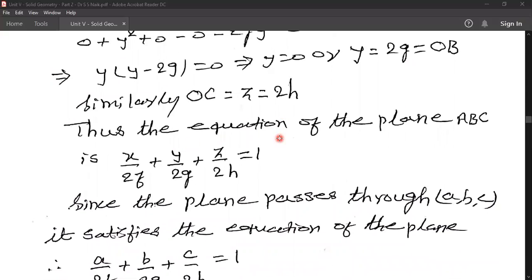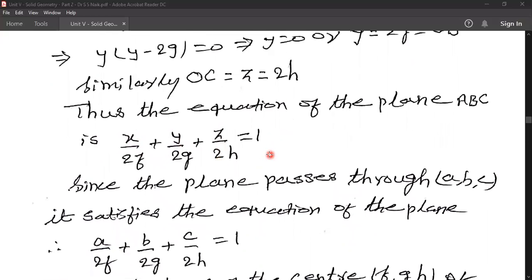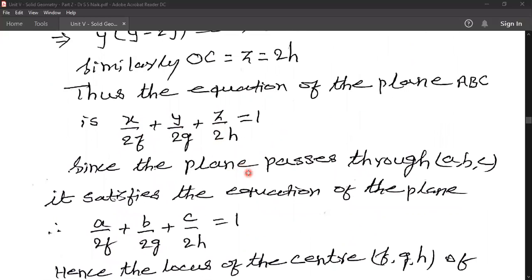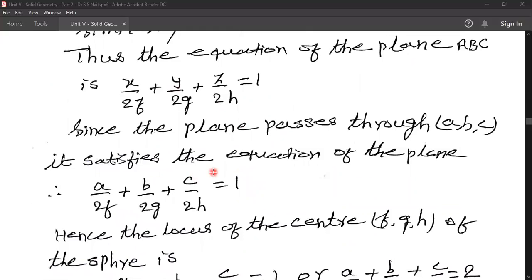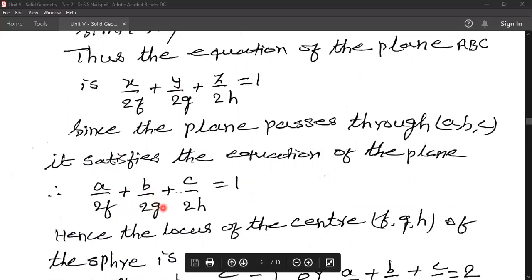Thus, the equation of the plane ABC is x upon 2f plus y upon 2g plus z upon 2h is equal to 1. Since the plane passes through (a, b, c), it satisfies the equation of the plane: a upon 2f plus b upon 2g plus c upon 2h is equal to 1.